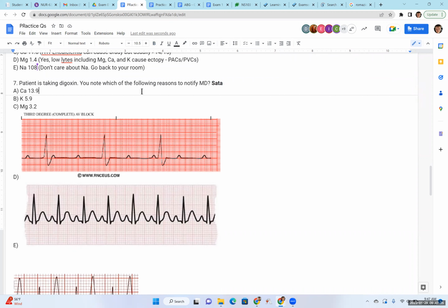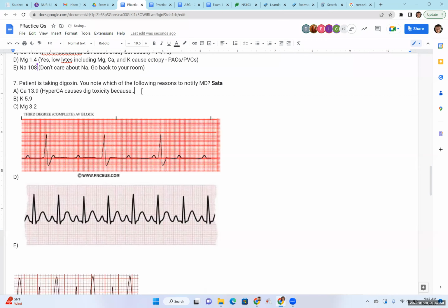So you got hypercalcemia, right? Now, if you don't understand the mechanism, what we discussed in the lecture, that's fine, as long as you memorize it, right? We're trying to give you the mechanism so you get it every time. All right, so hypercalcemia does it, and what else? That's the only one that's high. The other ones are low, right?